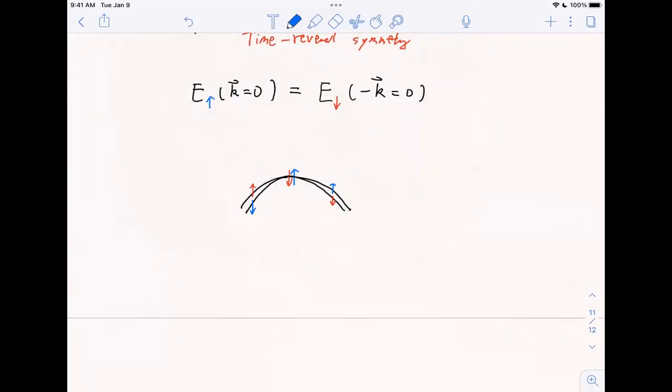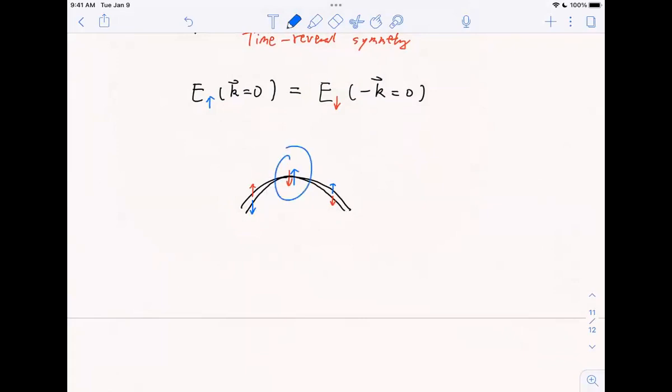The spin is flipped. Only at the middle point is it the same. Spin up and spin down are the same, and the spin-orbit coupling will not lift the degeneracy, because this degeneracy is protected by time reversal symmetry. Unless your perturbation breaks the time reversal symmetry, you will never lift the degeneracy.